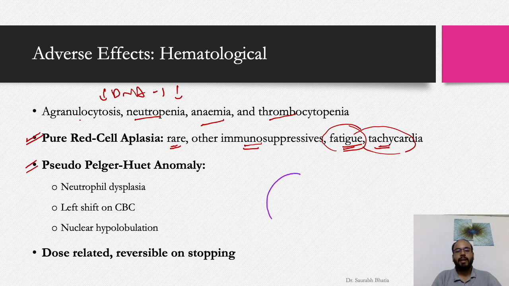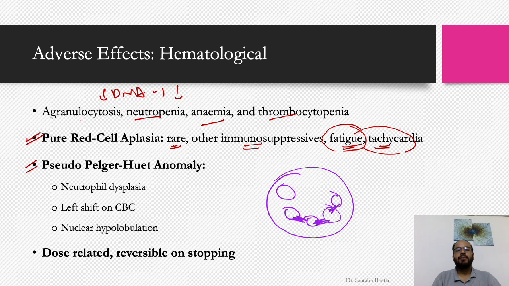Another is pseudo-Pelger-Huët anomaly. So remember that in neutrophils, you have multiple lobes. Roughly count is around 3 to 5. Now these lobules are decreased in pseudo-Pelger-Huët anomaly. So that is known as nuclear hypolobulation. It leads to neutrophil dysplasia. That means multiple immature neutrophils are found in circulation which are not doing their job, and this leads to left shift on CBC.